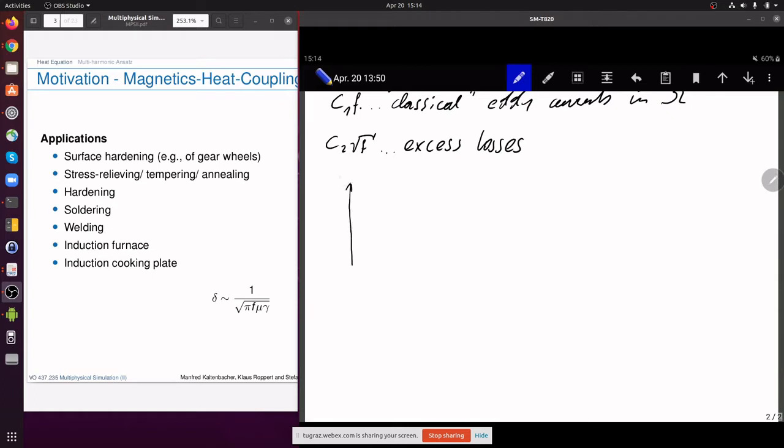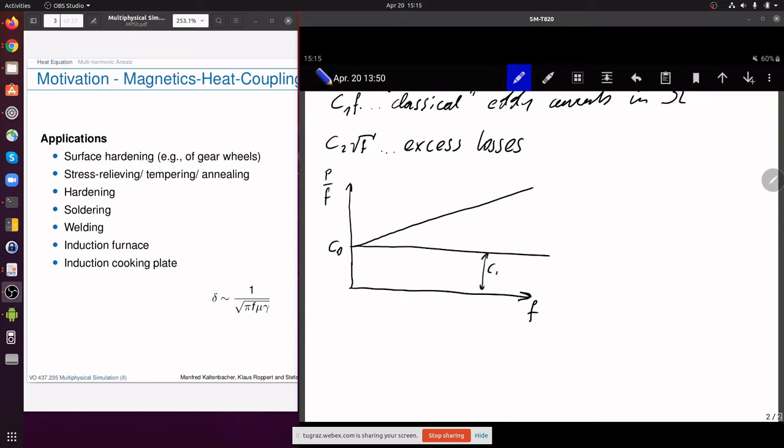power loss behavior. If we plot P over frequency F, you first have the C0 part based on the Barkhausen effect, which scales with just C0.